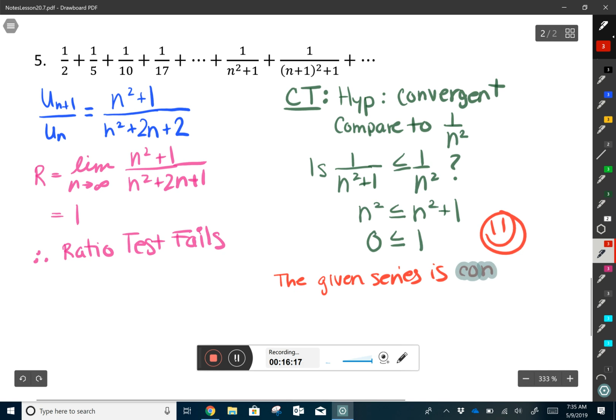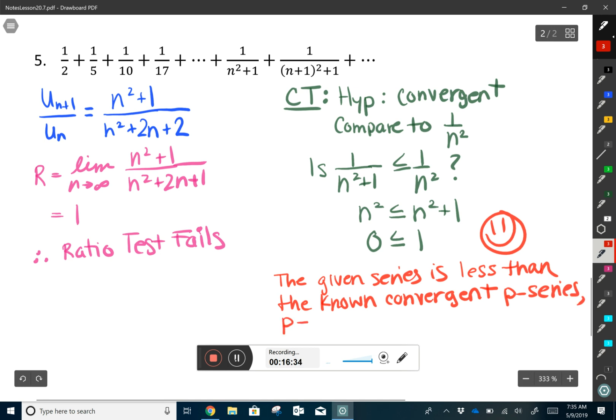Oh, not yet. The given series is less than the known convergent p-series, p equal to 2. Therefore, the series also converges.